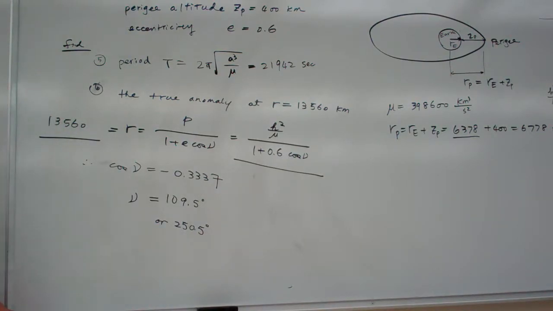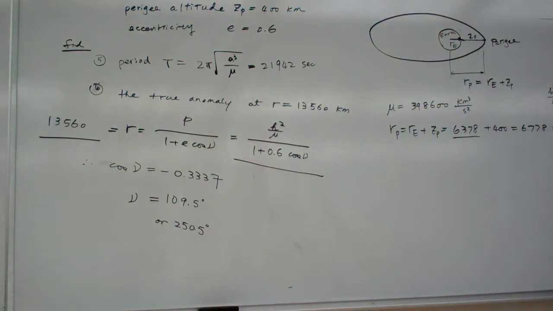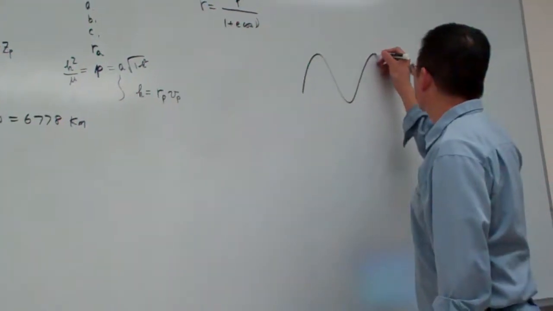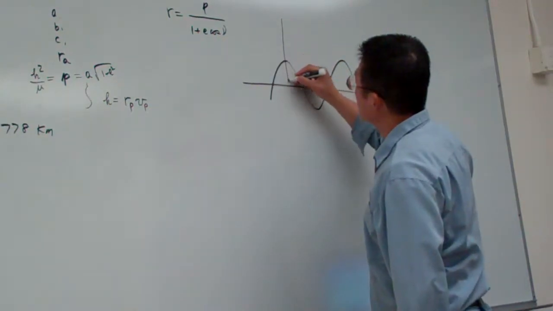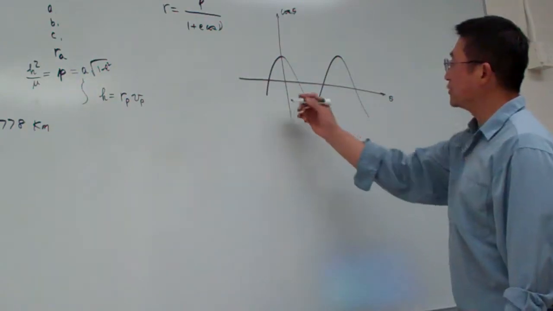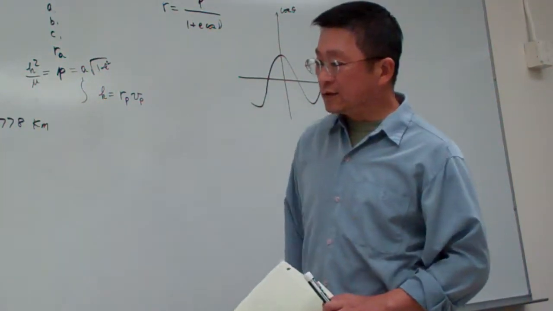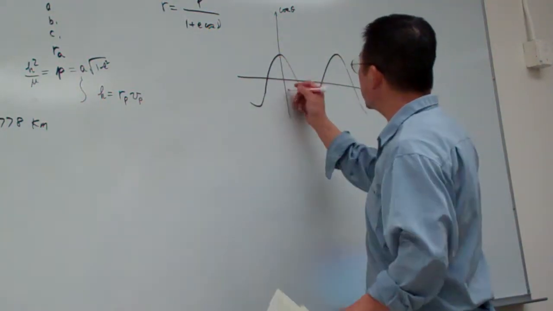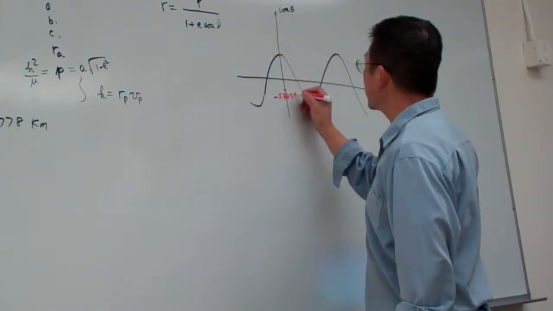So here is about the trigonometry. Let me make a point here. So say cosine. That's a cosine, and right now we are calculating minus 0.3337.